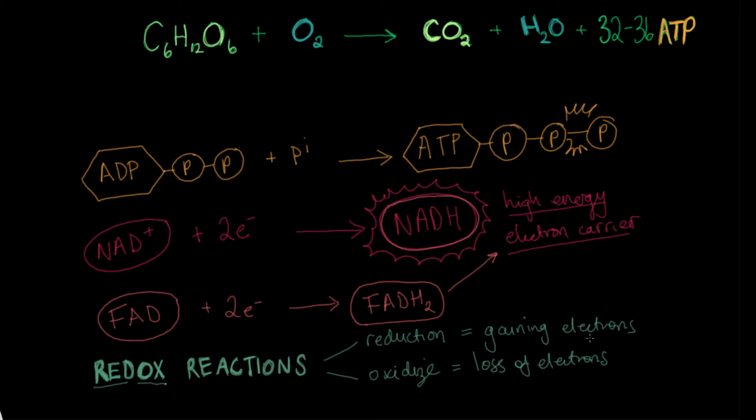So what we're going to do is oxidize glucose, take the electrons from it and reduce NAD plus and FAD to make these high energy electron carriers. The way you can remember is with the term OIL RIG. Oxidation is loss of electrons, reduction is gain.